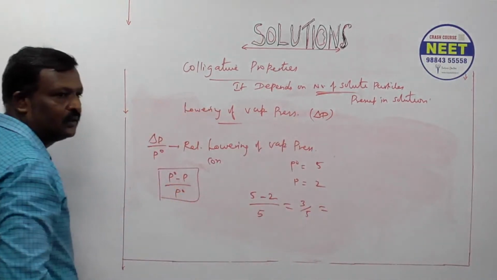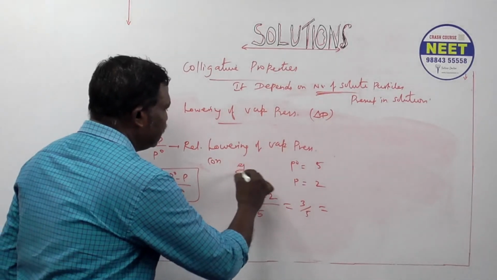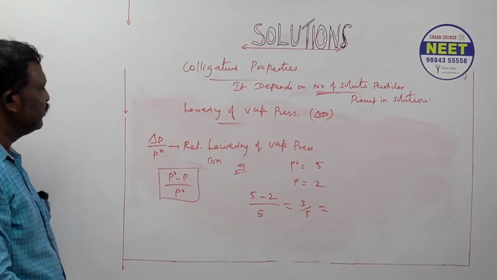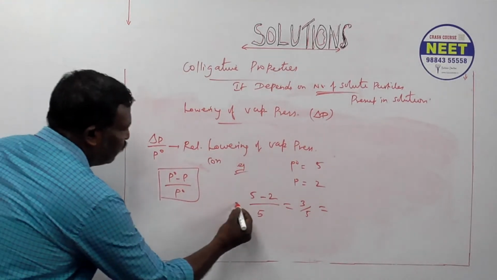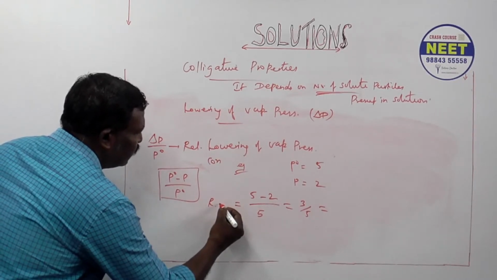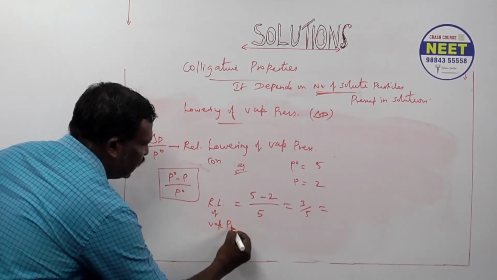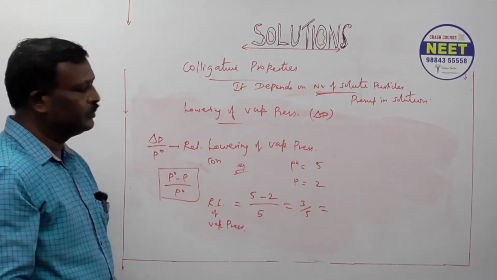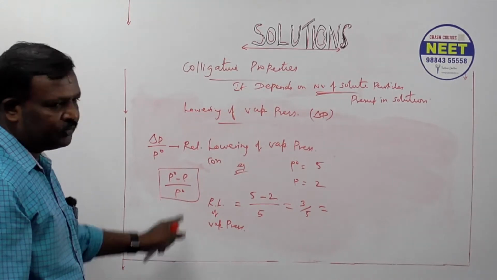Just note down the example. Therefore, relative lowering of vapor pressure, you write. It's another formula.